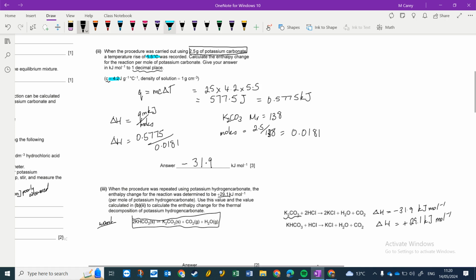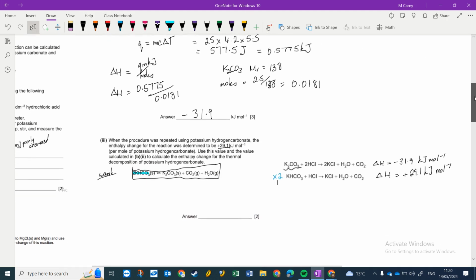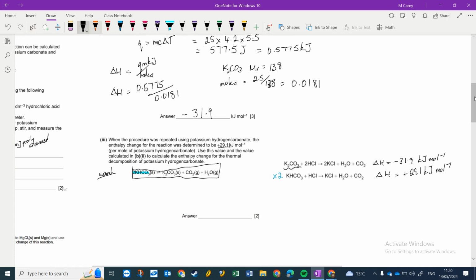Now, just looking at this, first thing is we need 2 KHCO3s on the left-hand side. Okay, so looking at that, we are definitely going to have to double this one, right? So I'm going to double that, and that will make that 2, 2, 2, 2. That will change this.